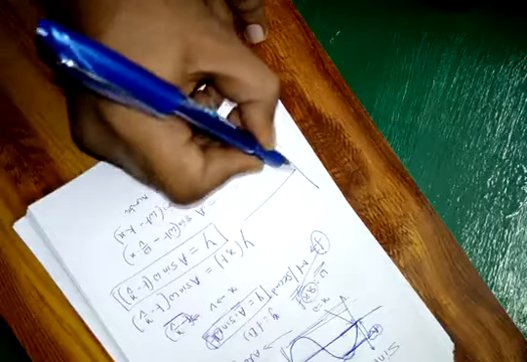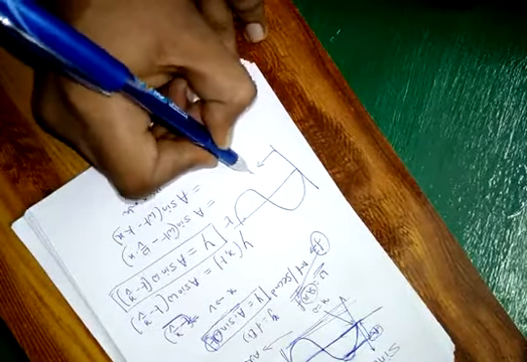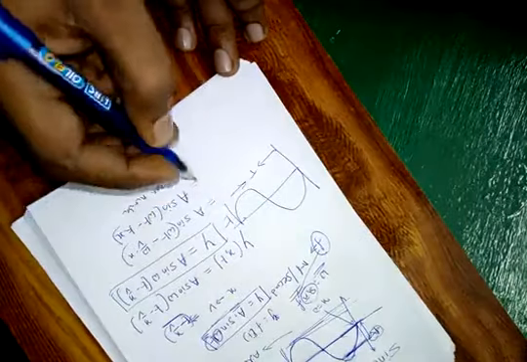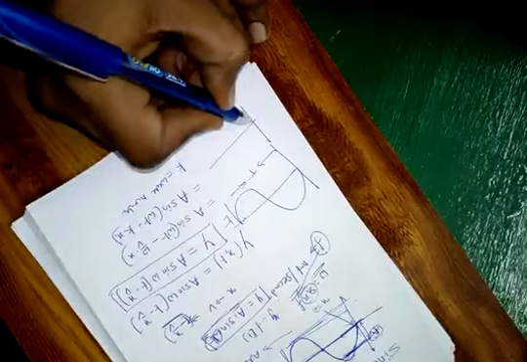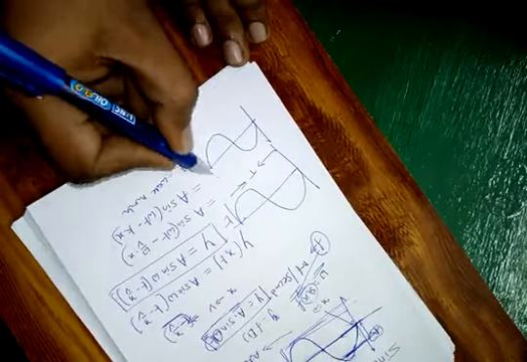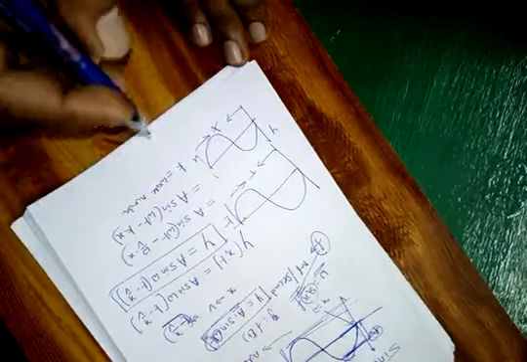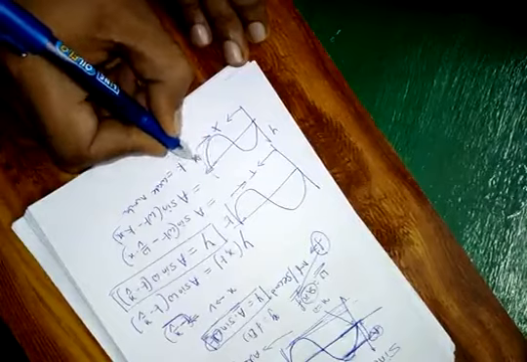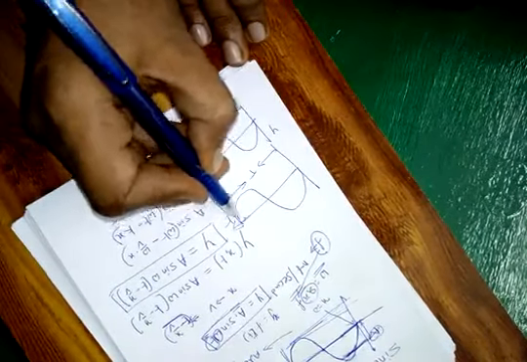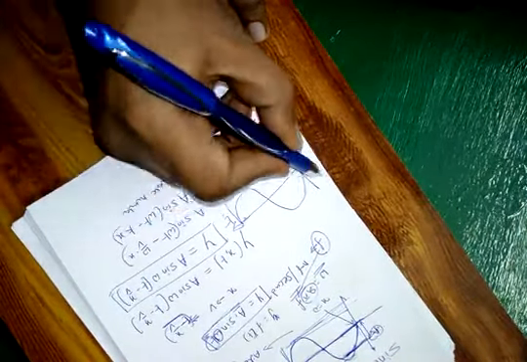For any wave, if you consider this as the time axis, then this will be the time period. If you draw the same equation along the x direction, this will become the wavelength. This is the x axis, this is the time axis. If you draw the graph between y and t, you get the time period.